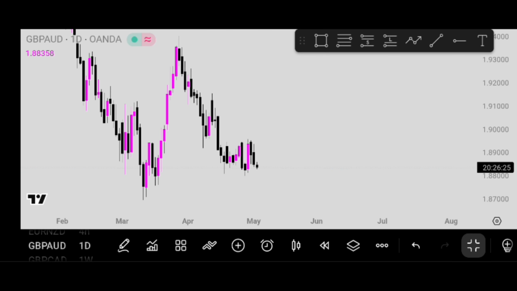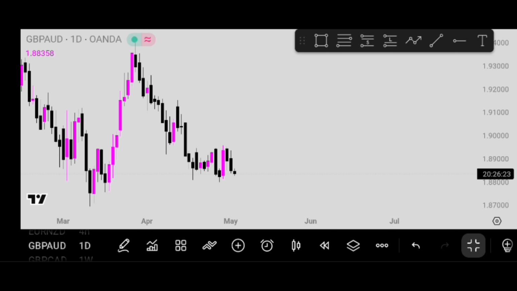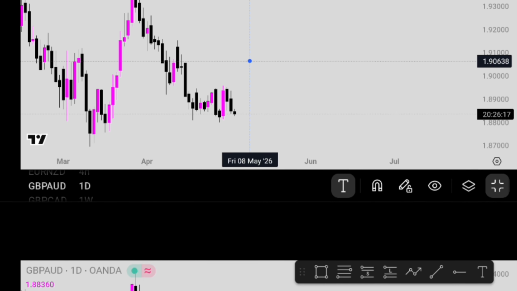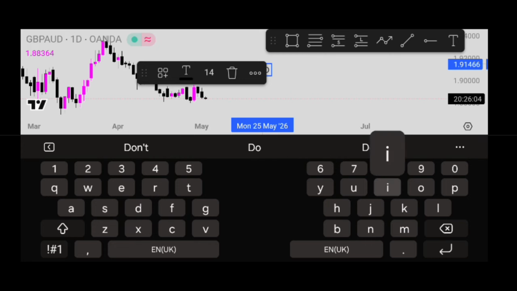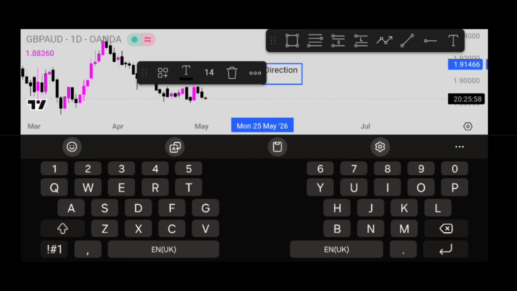So, as you know, we have to be having a clue on what we look before we execute our trades. First, we look for direction. After direction, we look for HOM.